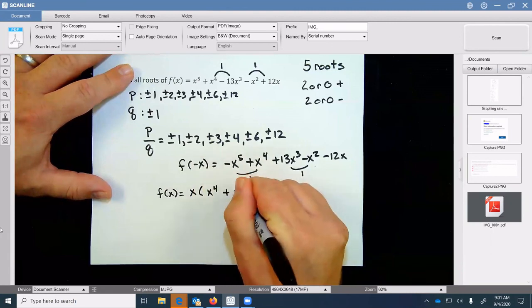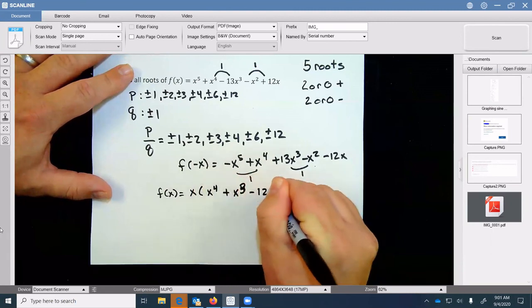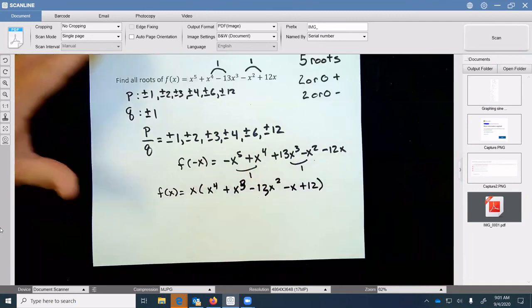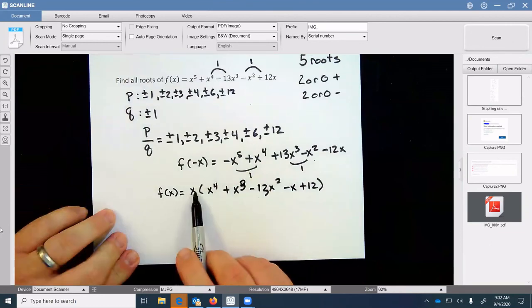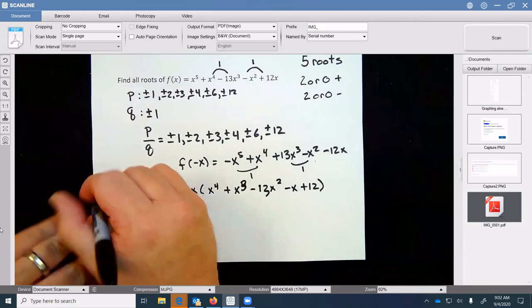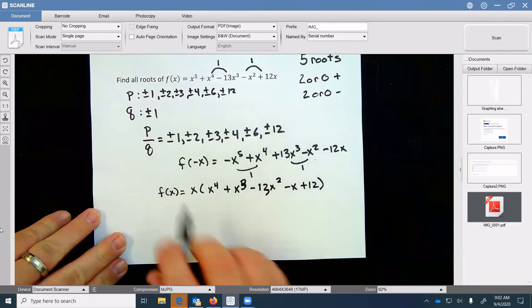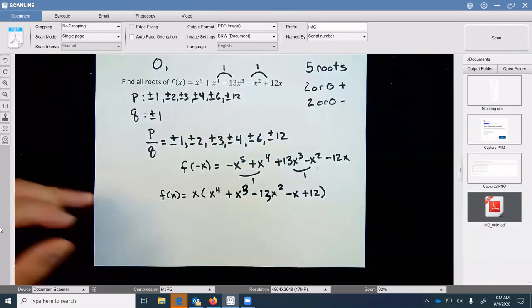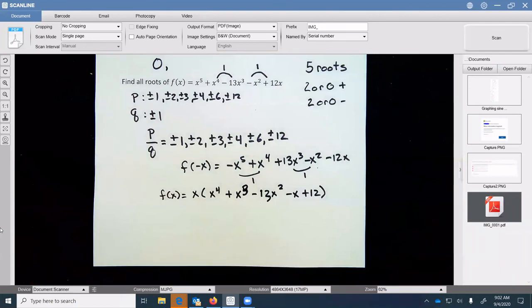Oh, might help if I actually took one out. So I factored out this x, so I know that one of my zeros or one of my roots is 0. Cool. I only have 4 more to find.